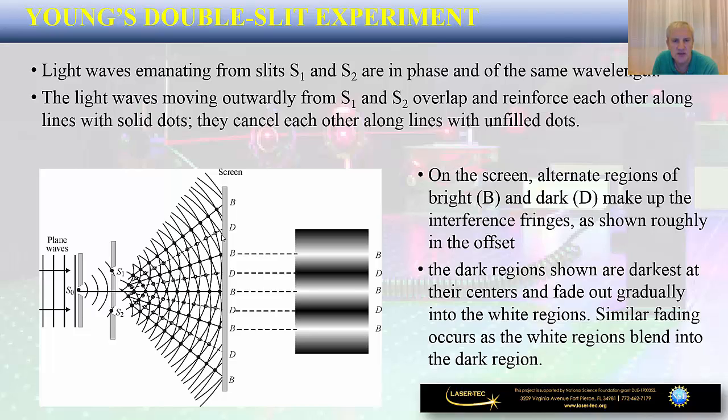In other words, these two peaks, positive and negative, will be canceling each other out, resulting in a dark region. That dark region is going to fade out gradually into the white regions, because between the maximum dark and the maximum bright region we're going to have limited interference between the two waves.